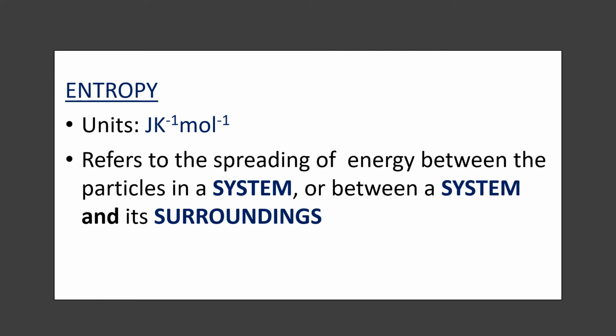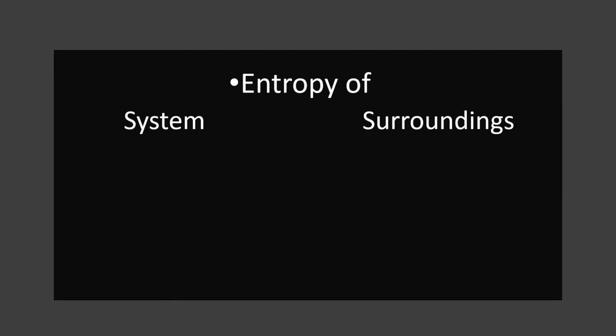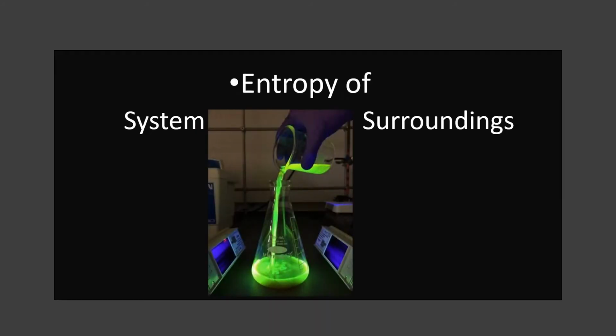Furthermore, entropy also refers to the spreading of energy between the particles in a system or between a system and its surroundings. So you may wonder now what a system or what a surroundings is. Let's have a look at what these terms mean and come back to these definitions once more. So this picture shows you a bit of system and surroundings.